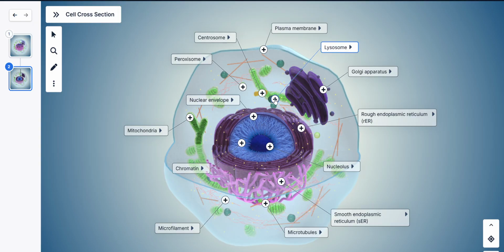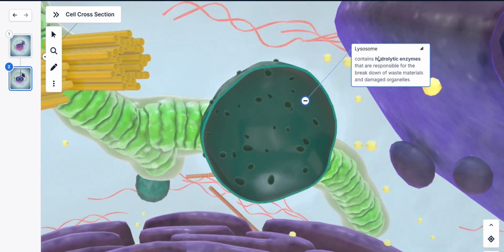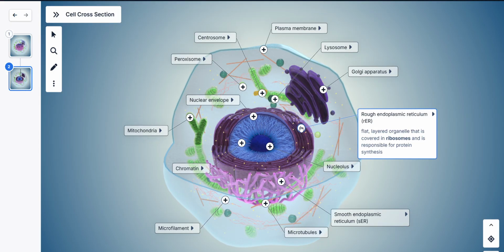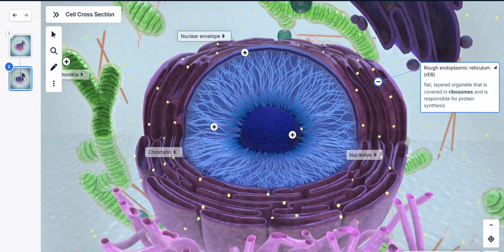Then we will understand the lysosome. So lysosome contains hydrolytic enzymes that are responsible for the breakdown of waste materials and damage of the organelles, whatever damage happens, it is responsible for that. Then comes our rough endoplasmic reticulum. So rough endoplasmic reticulum is that rough layered organelle that is covered in ribosomes and which is responsible for protein synthesis.